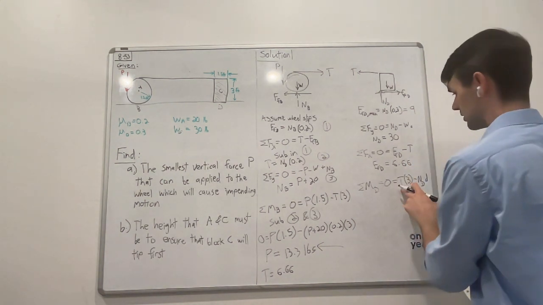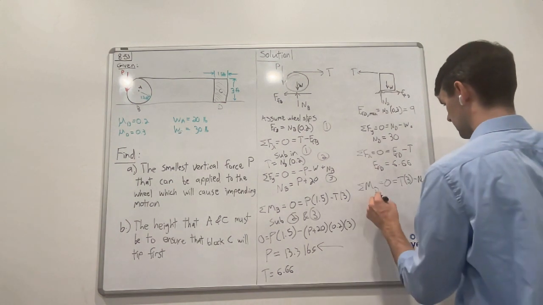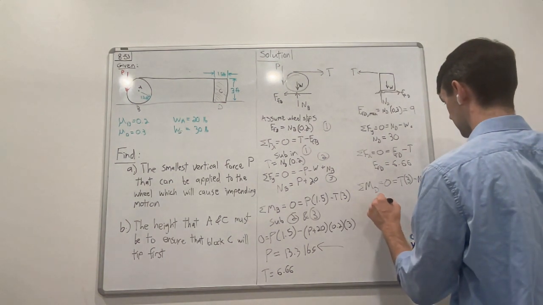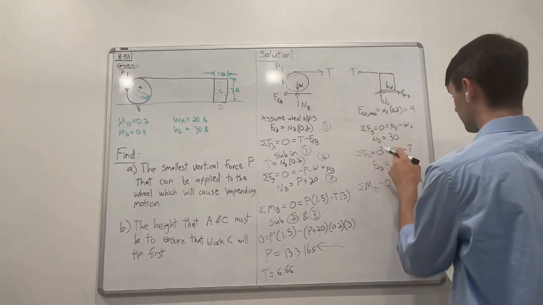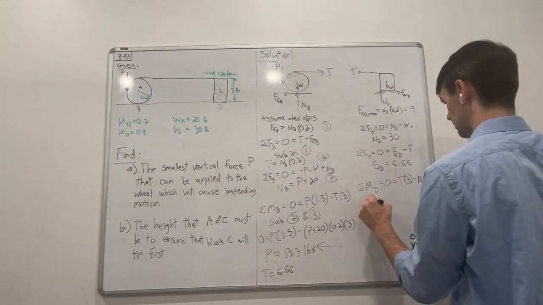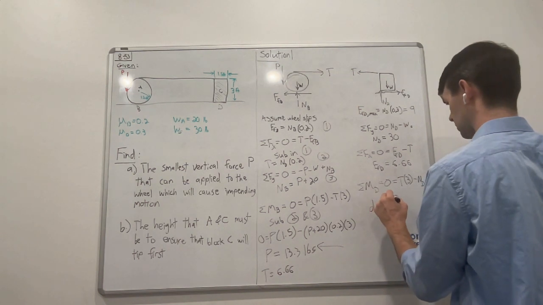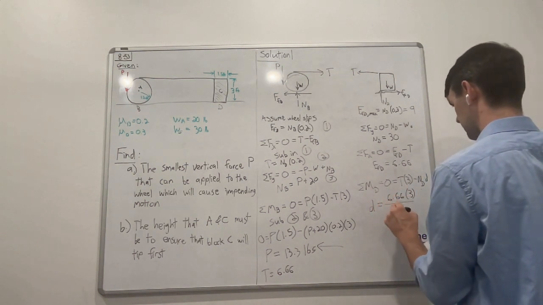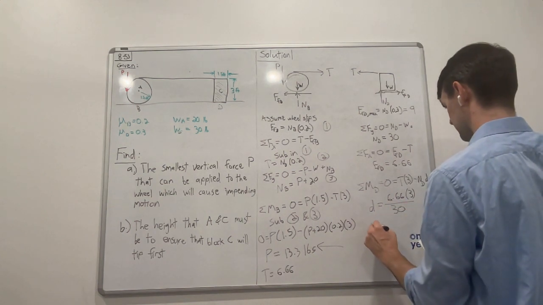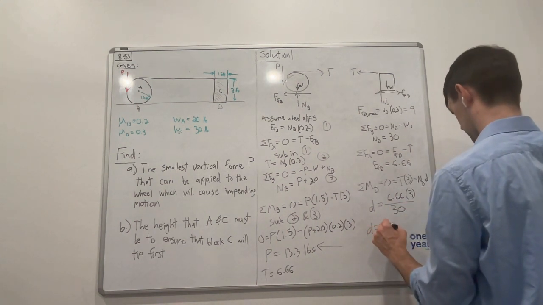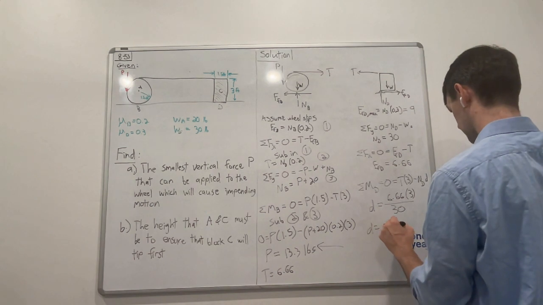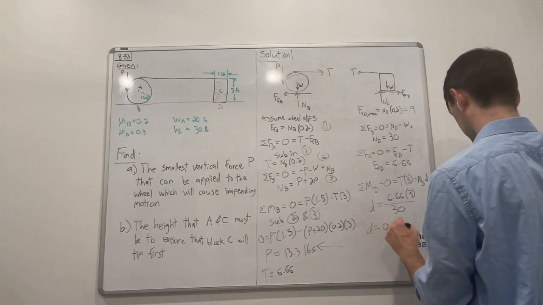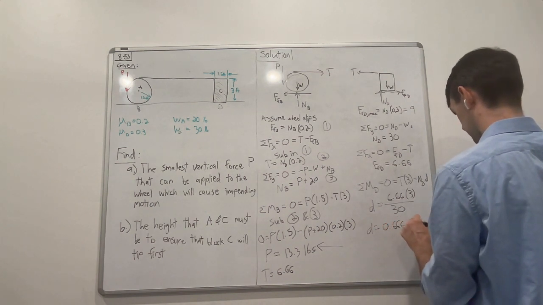So we already know tension is equal to 6.66, and we know that ND is equal to 30. So we get that the distance is going to equal 6.66 times 3 divided by 30. And that ends up getting us that the distance is 0.666 feet.